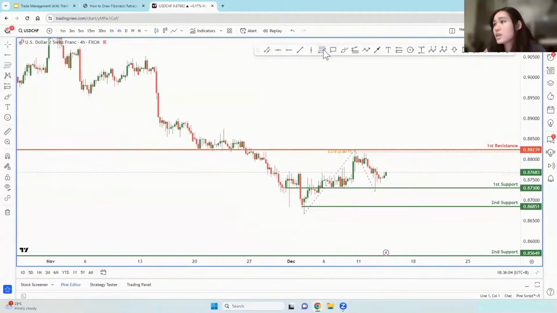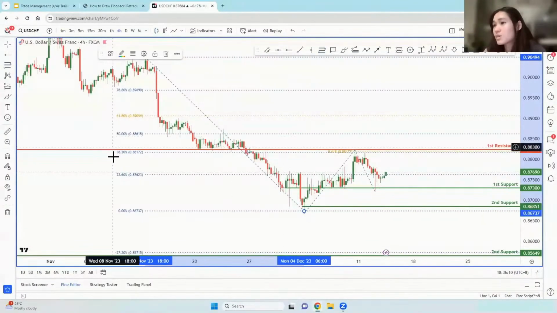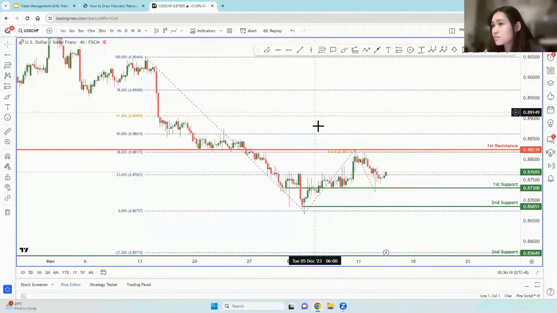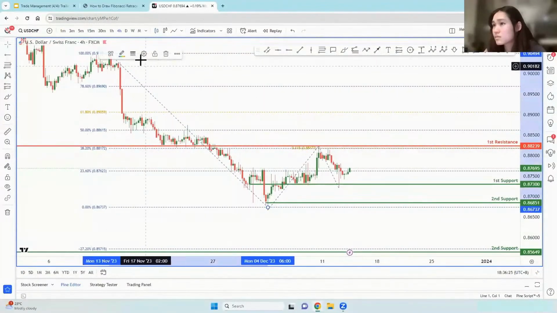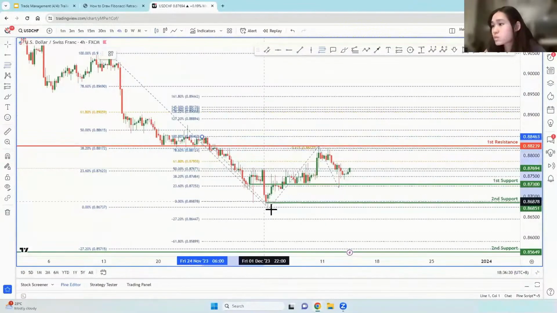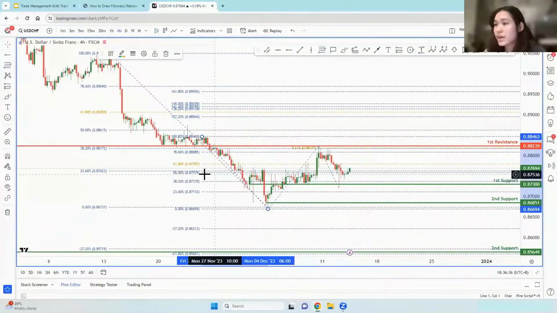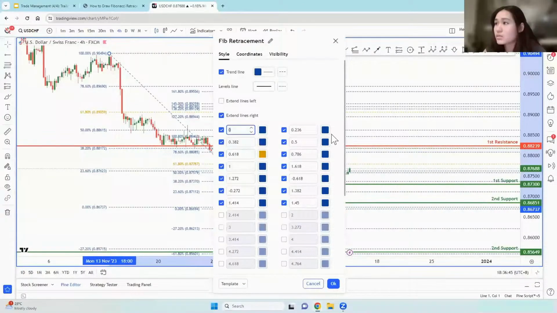Next, let's go in with a retracement. My 38.2 lines up nicely with my 61.8. And over here I can see this level, 50%, lines up with the 23.6, so I'm just going to keep those two as well.